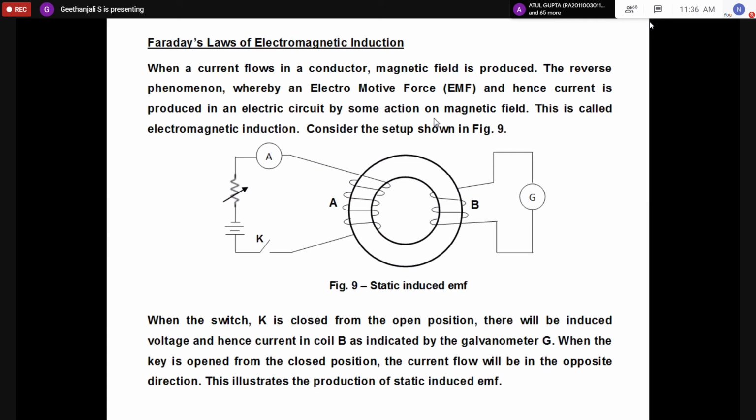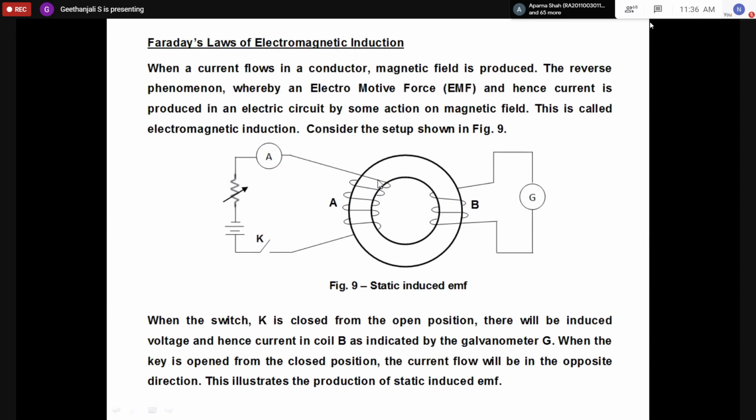When switch K is closed from the open position, there will be an induced voltage and hence current in coil B. This is used to measure the current flowing through A. This is used to vary the current flowing through A.